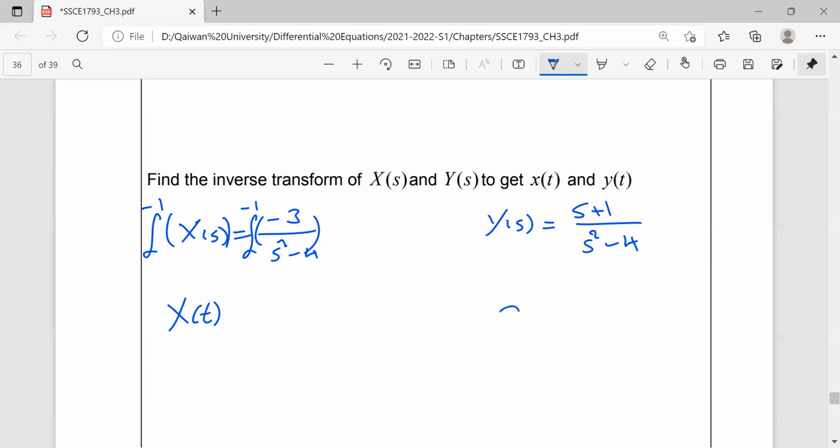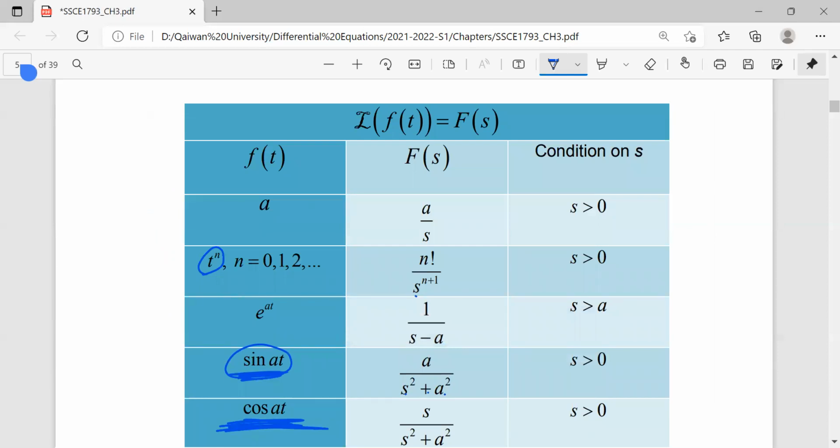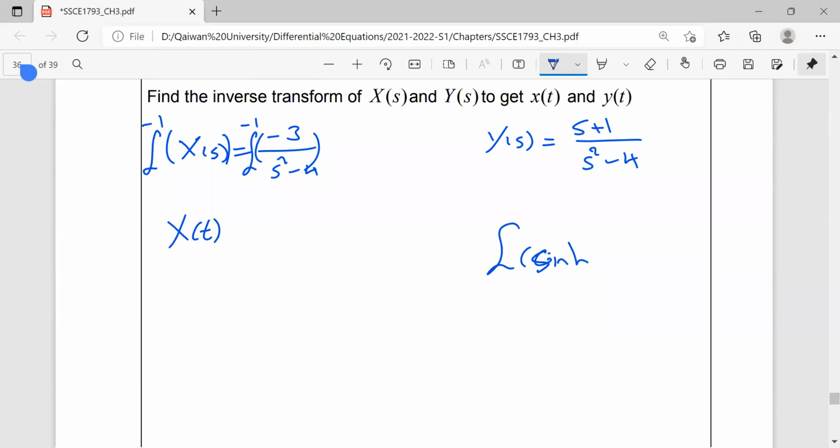We say the Laplace of sine hyperbolic of at equals a over s squared minus a squared.